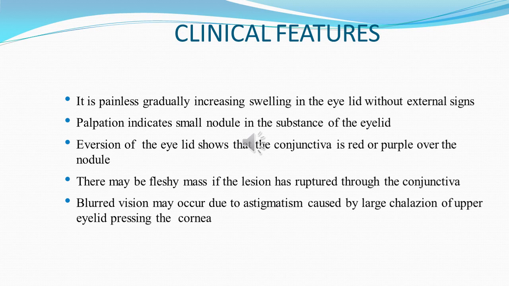With that, the patient may have blurred vision, because if the lesion is against the cornea, pressure on the cornea causes astigmatic error. And as we know, there may be a fleshy mass if the lesion bursts open and presents on the inside surface of the lid.